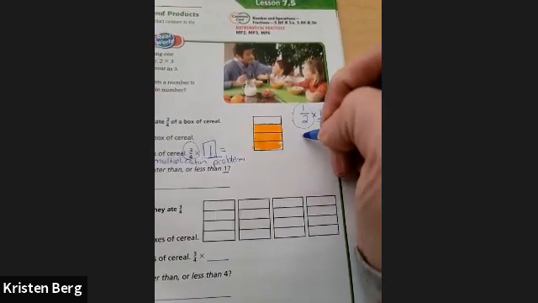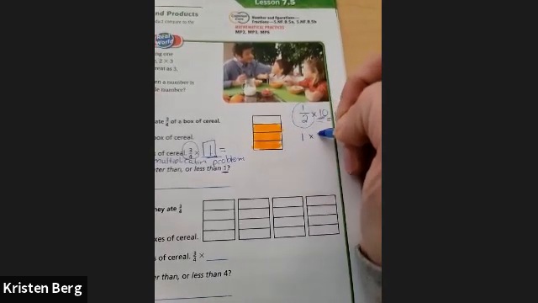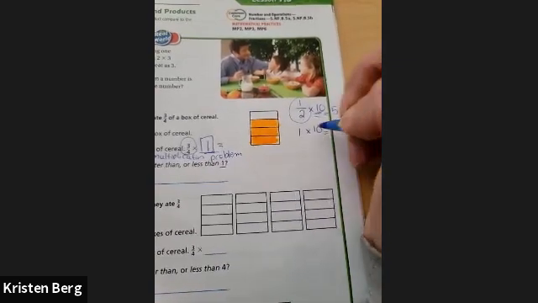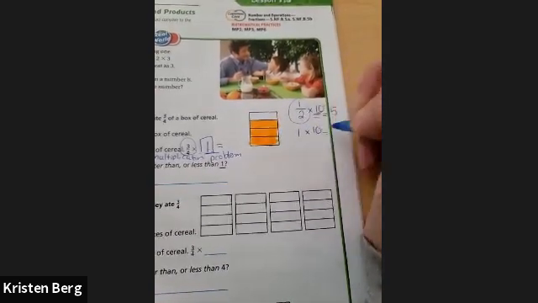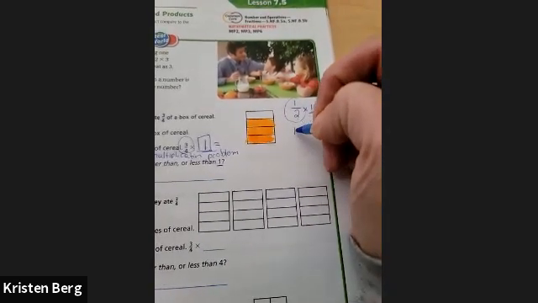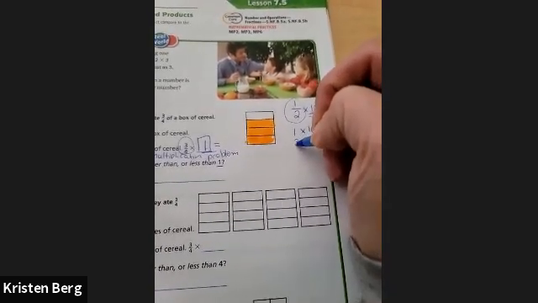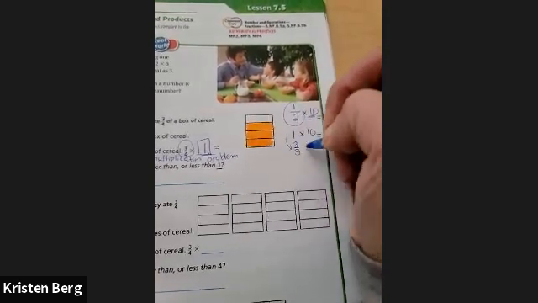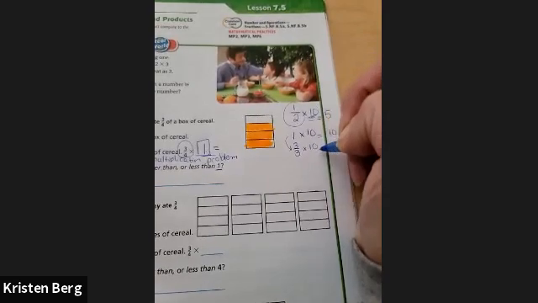But say I do 1 times 10. Well, you guys all know that if I'm multiplying 1 by 10, my answer is going to come out to be 10. Now, here's the thing. I could change up 1 whole, and it would be like, say, 3/3. That's still considered 1 whole times 10.